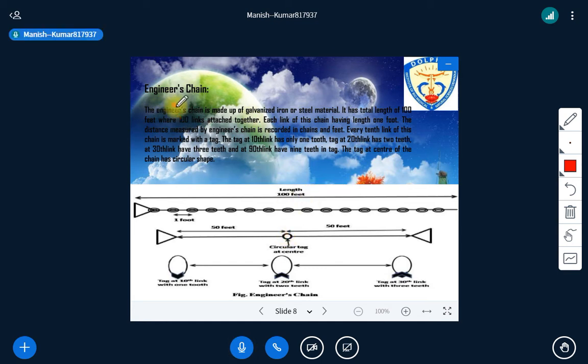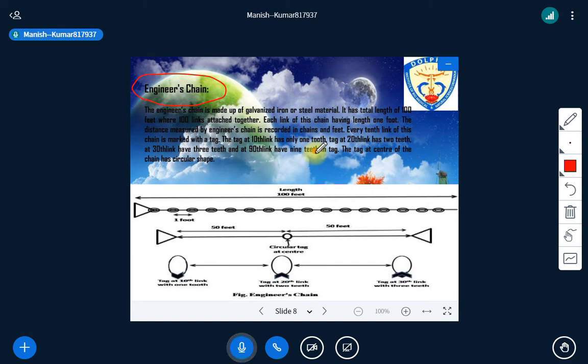Fine. Then after that we have the engineer's chain. All these chains I would like to discuss just for information purposes. Maybe you'll get them in exams. So the engineer's chain is made of iron or steel, since it's a chain, and the total length of this chain is 100 feet, and there will be 100 links.